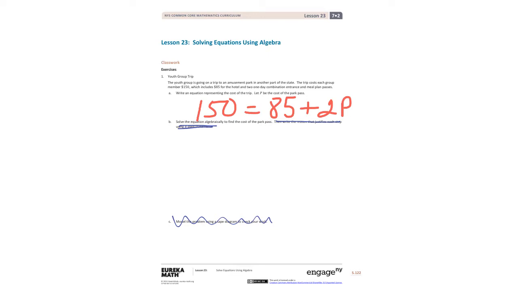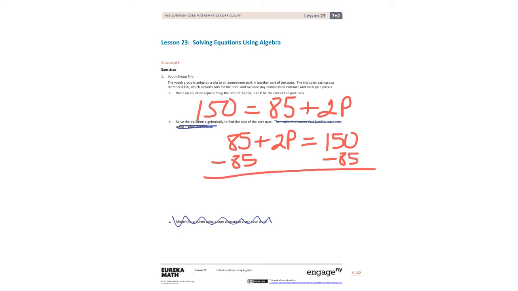So now we're going to solve in part B to find the area of the park pass. So I'm going to flip my equation around because I can always move what's on one side to the other. And so those are our equivalent equations. Okay. My variables on the left side, I'm going to subtract 85 from both sides.